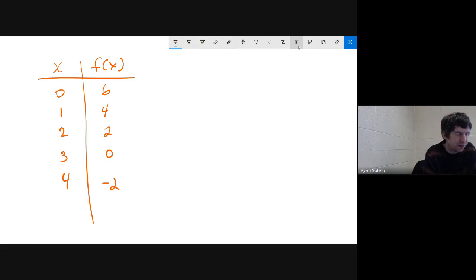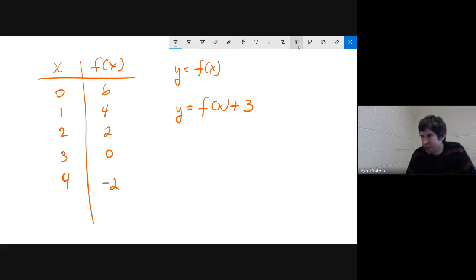If you have a function, let's say y is equal to f of x. Well, they may ask, what happens if y is now equal to f of x plus 3, where the 3 is outside of the function.